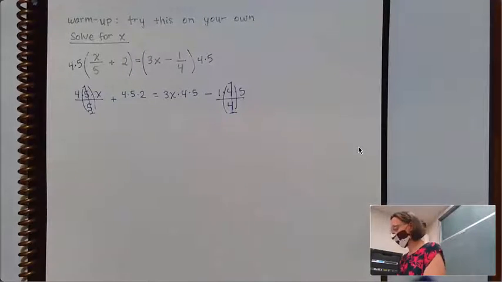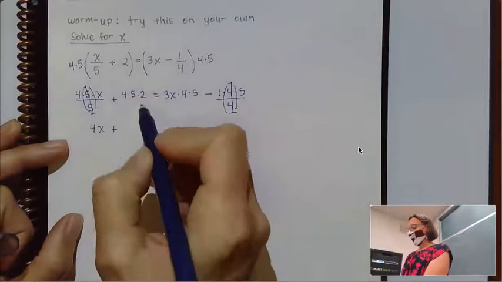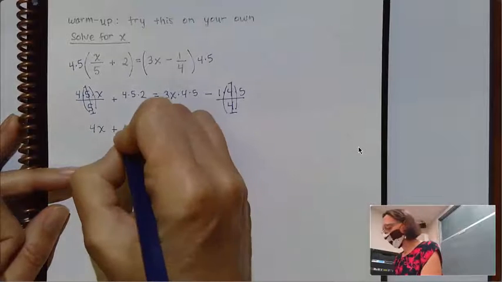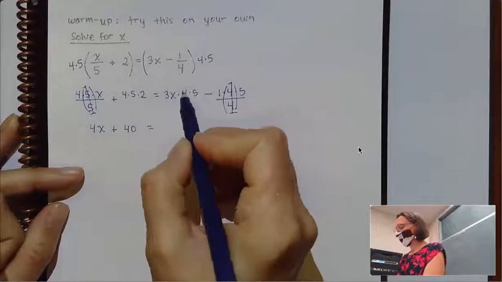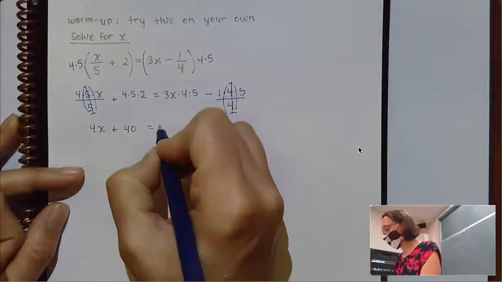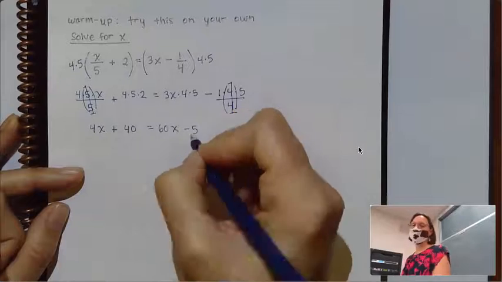So if I collect things together now, I've got 4x. When I do this multiplication, 5 times 2 is 10, times 4, I'm going to get 40. 4 times 5 is 20, times 3 will make that a 60. So I've got 60x, and then minus 5.